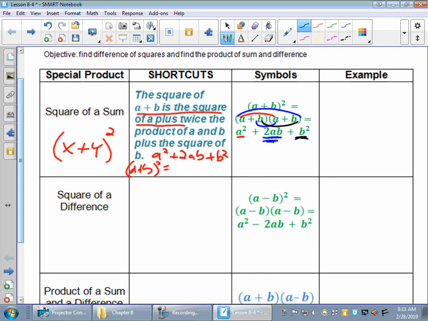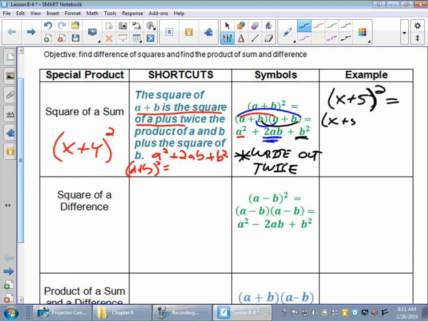Let's do an example real quick just to show you what it would look like: x plus 5 squared. My only rule is to write it out twice, the square, because that's going to help you whether you use the shortcut or whether you use FOIL. So we're going to make sure we write this part out twice. X plus 5 squared, what's that saying?